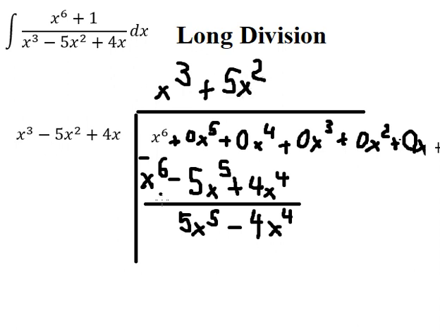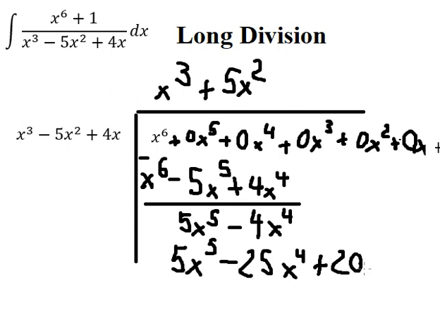This one gone here. We have 5s to the power of 5. This one, and we have negative number 25s to the power of 4. And the next one, we have 20s to the power of 3.